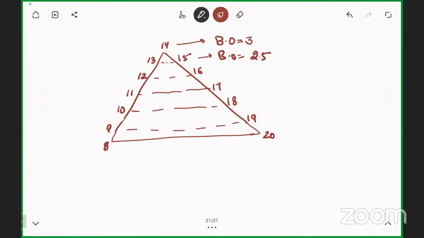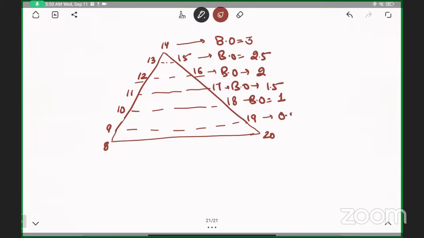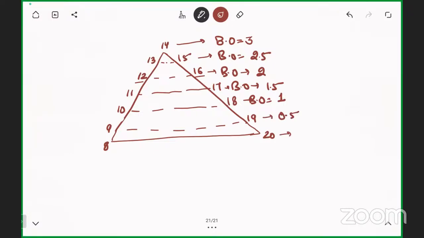In this, decrease by 0.5 each time. Having 12 or 16 electrons, the bond order will be 2. Having 11 and 17 electrons, bond order will be 1.5. Having 18 or 10 electrons, bond order will be 1. Species having 9 or 19 electrons will have bond order 0.5. Species having 8 and 20 electrons will have bond order 0. Clear? Yes, sir. Okay.